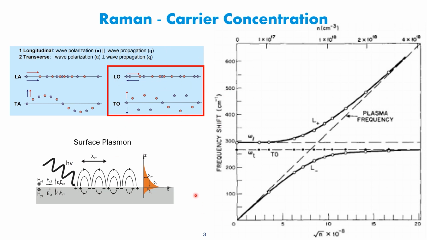That results in a dampening in the frequency of that mode, and in some cases a broadening in the profile. And so we can actually use that dampening and the broadening of the longitudinal optical mode and correlate that to the plasma frequency, the surface plasmon frequency, which has a direct correlation to the carrier concentration.